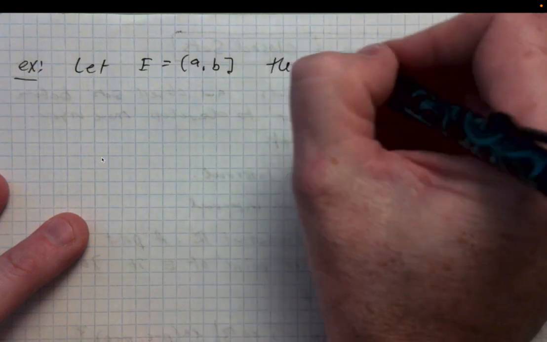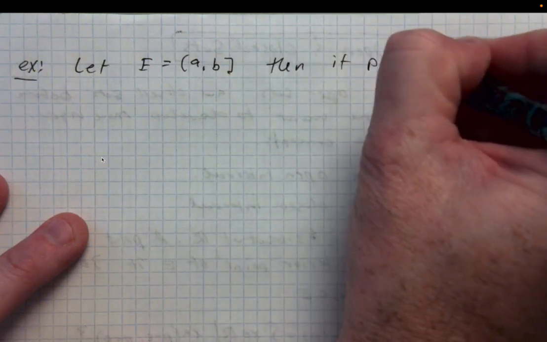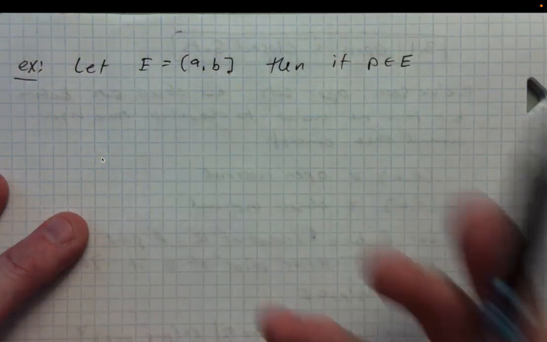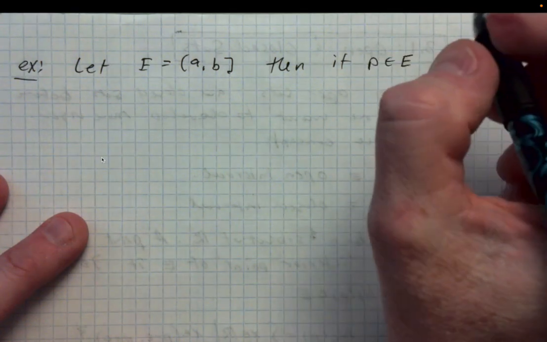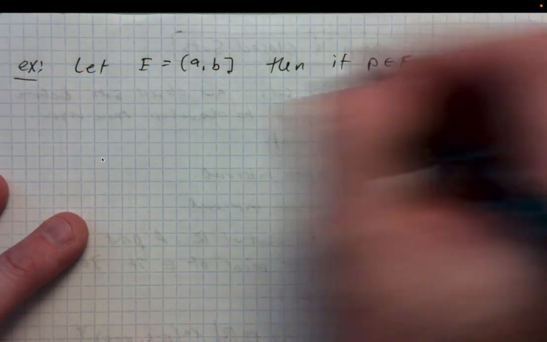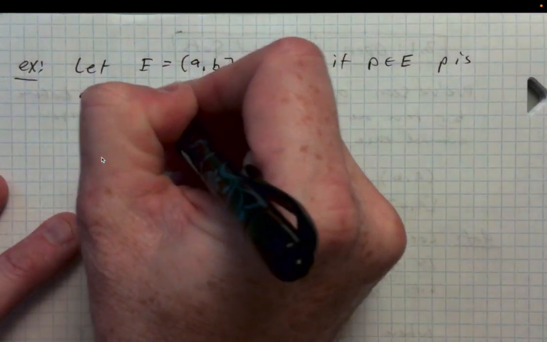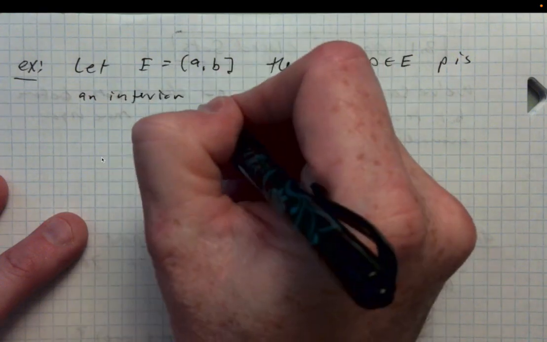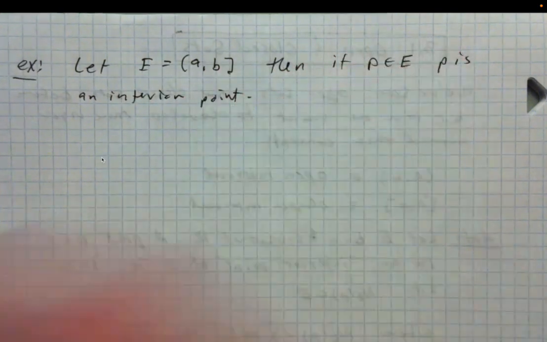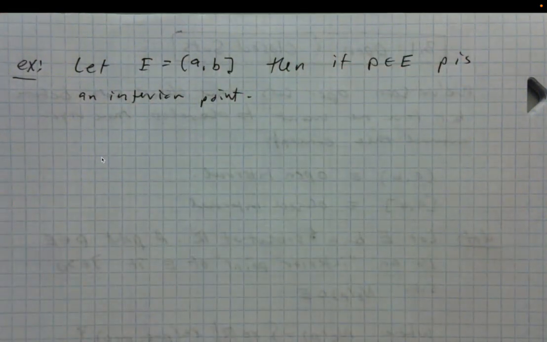Then if P is some number in this set E, P is an interior point.